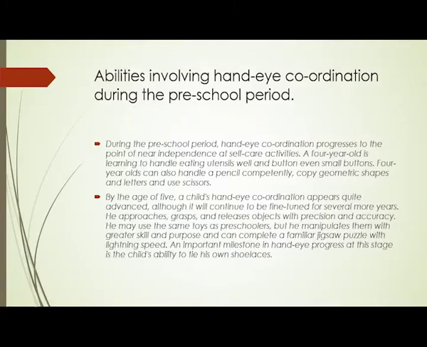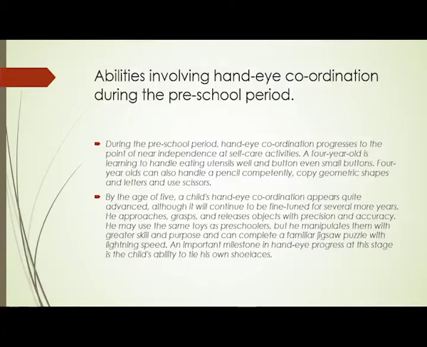So a 4-year-old is learning to handle eating utensils well and button even small buttons. 4-year-olds can also handle a pencil completely, copy geometric shapes and letters, and use scissors.